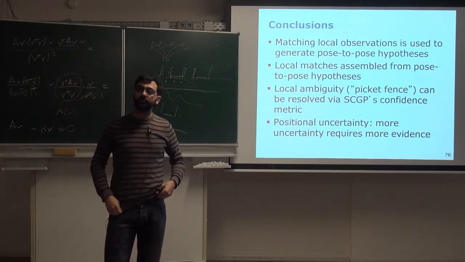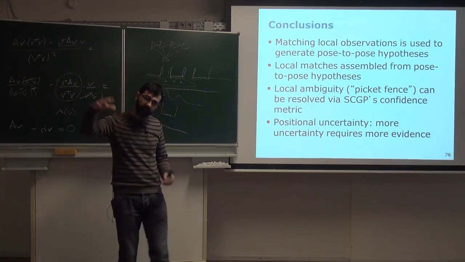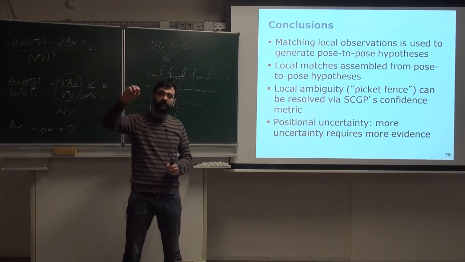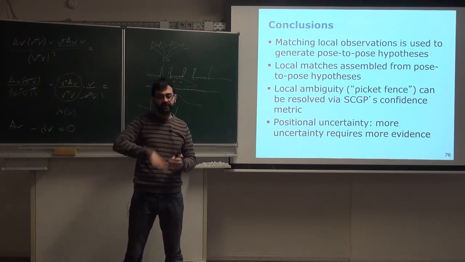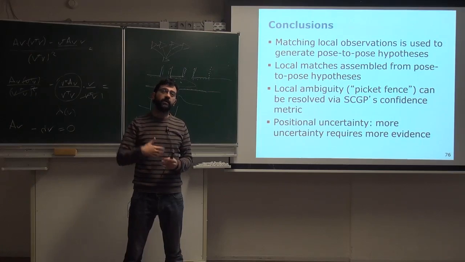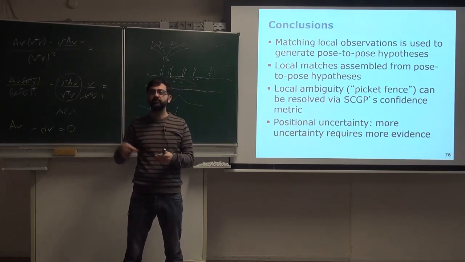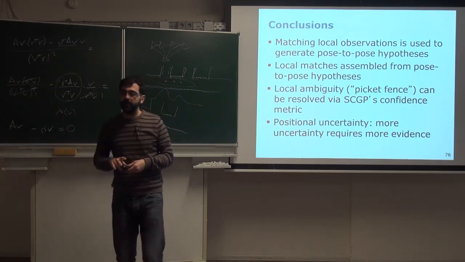We also showed different ways of matching, from dense point-to-point matching to feature-based matching, and also how to deal, outside of the matching routines, with problems of ambiguity, both local ambiguity and global ambiguity.